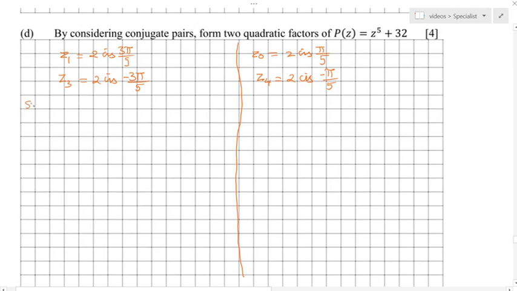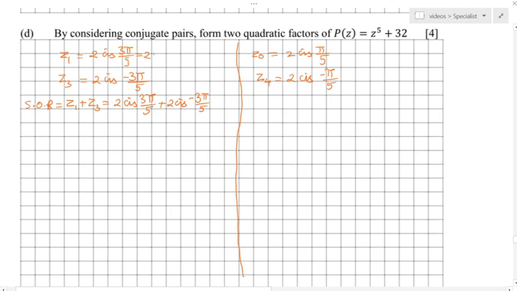So the sum of roots is equal to z1 plus z3. You get 2 cis 3 pi over 5 plus 2 cis minus 3 pi over 5, and here you can write them in Cartesian form.